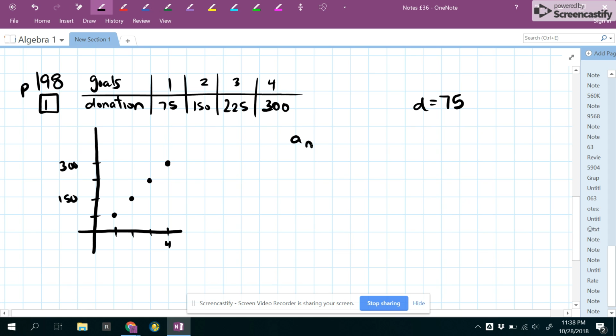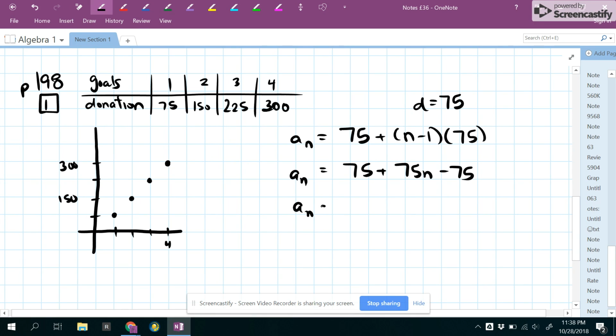So a sub n equals a sub 1, the first number in the list, plus n minus 1 times your common difference, 75 plus 75n minus 75. A sub n equals 75n.